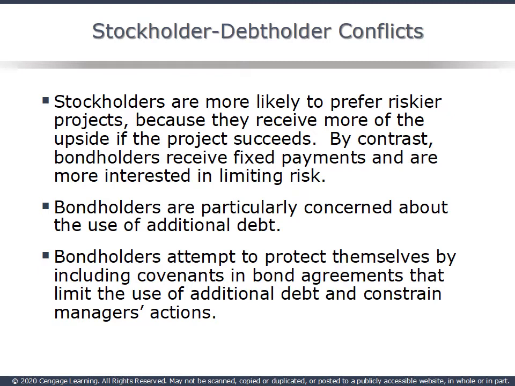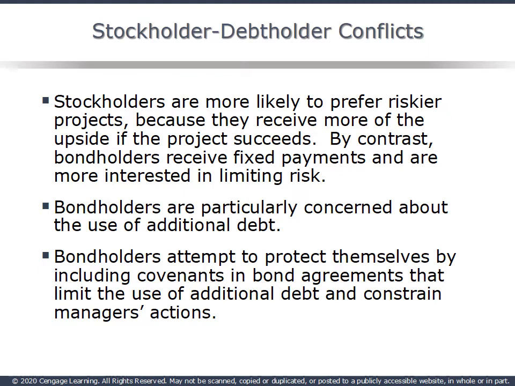So bondholders, how are they going to protect themselves? They're going to do so by adding in certain protective covenants in their bond agreements that will limit the use of additional debt. So it's going to put a cap on how much money can be borrowed.